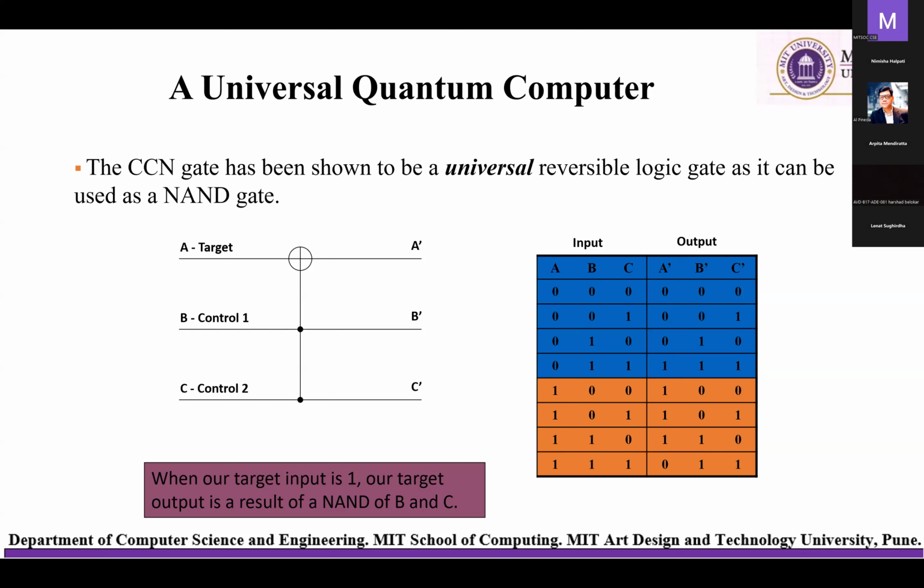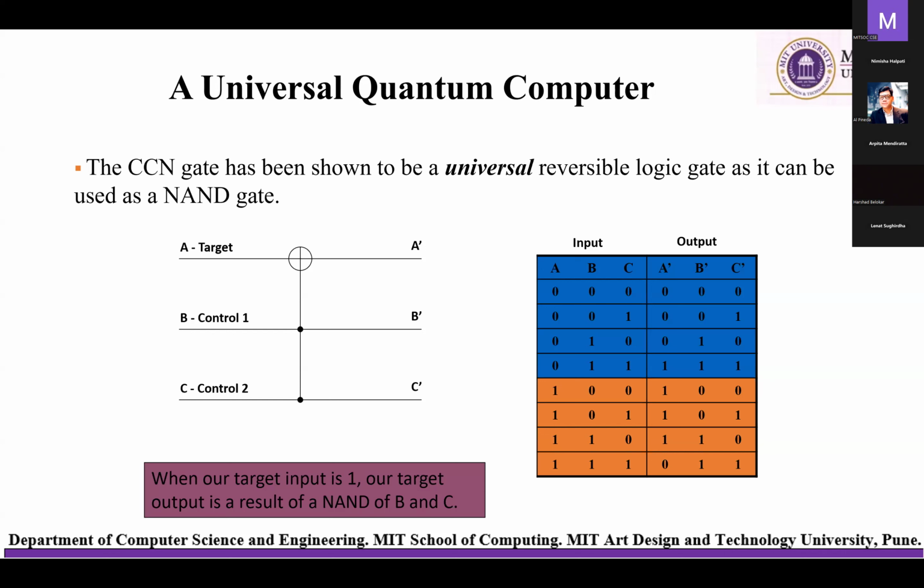In terms of functionality, when both control qubits B and C are in the state of 1, the target qubit A is flipped. This behavior mirrors the NAND gate's operation. The NAND gate outputs 0 when both inputs are 1 and outputs 1 in all other cases. The truth table for this operation is shown here.